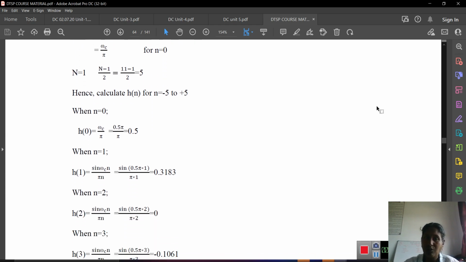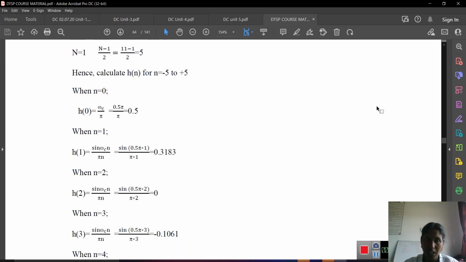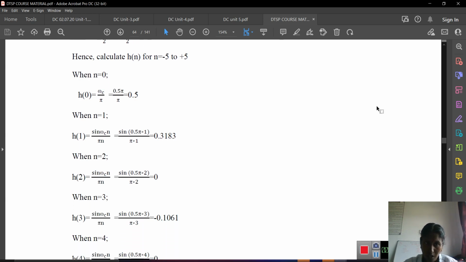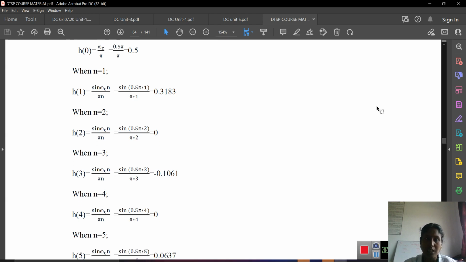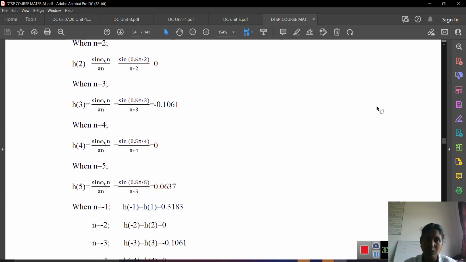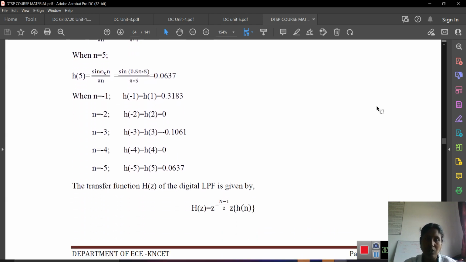So already we know alpha is (N minus 1) by 2, no? So (11 minus 1) by 2 equals 5. Now we calculate for n equal to minus 5 to plus 5. For n equal to 0, ω_c divided by π, that is equal to 0.5. When we consider n equal to 1, whatever n value we have at a time, we have to apply it and get the result. So likewise h(1), h(2), h(3), 4, 5 we have to calculate.